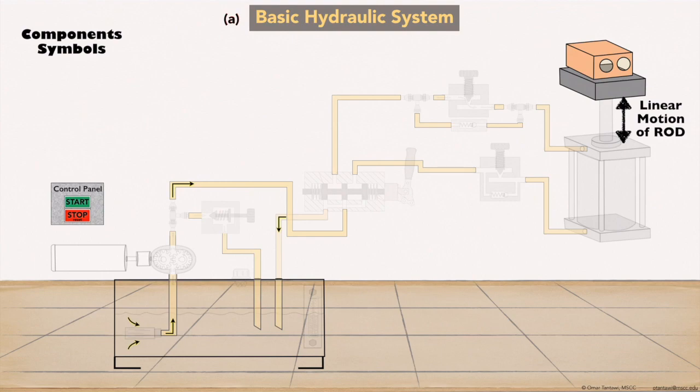On this page, you need to draw the schematic symbol for each component. So starting from the tank, the symbol looks like that.